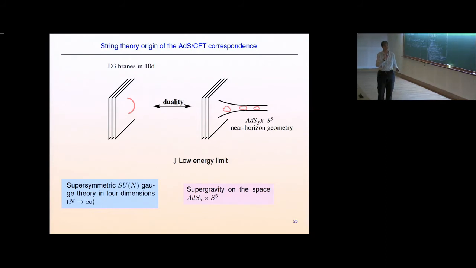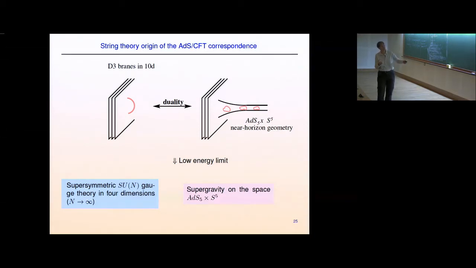So this is the picture which Maldacena proposed in 1997, and the second ingredient in this duality is a very ingenious low energy limit. The same limit which takes this string theory picture to a supersymmetric SU(N) gauge theory in 4 dimensions with point-like particles, and the rank of the gauge group going to infinity, so we take very many of these D-branes, in this picture provides you supergravity, again a theory of point-like particles, but with gravity on the space AdS5 times S5.